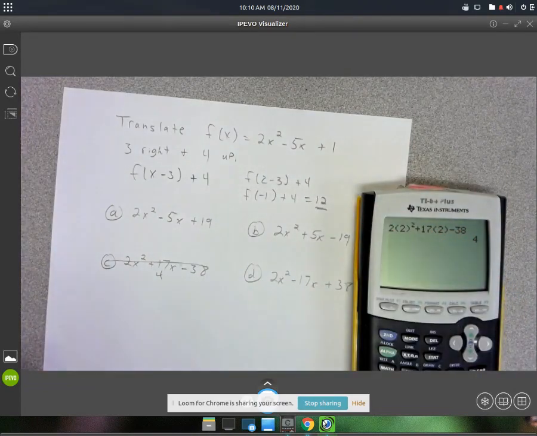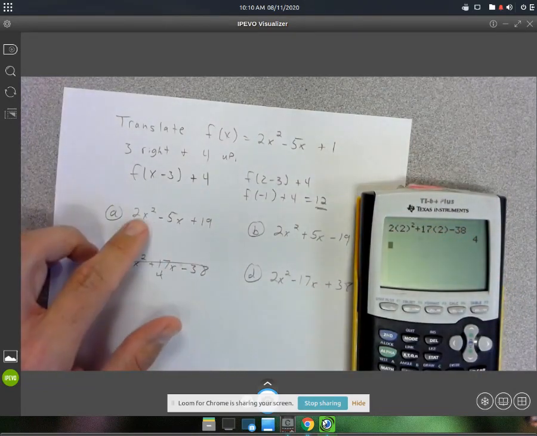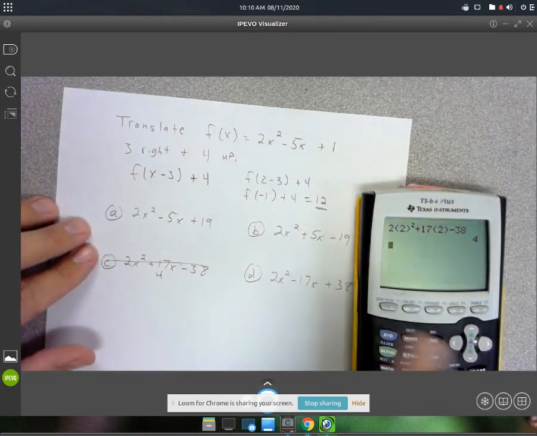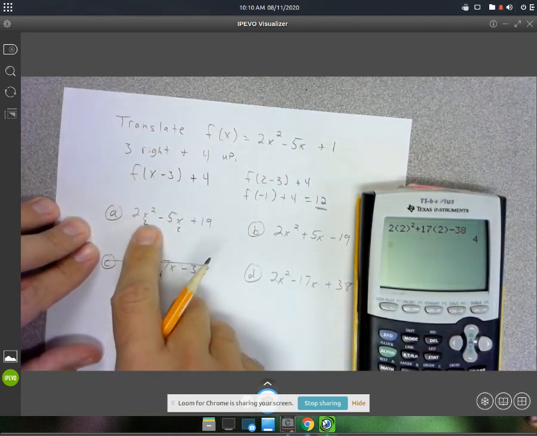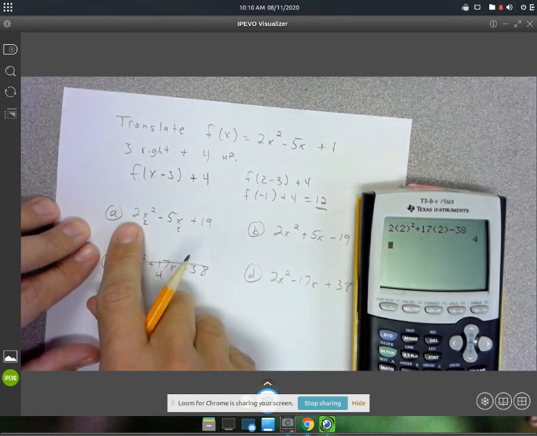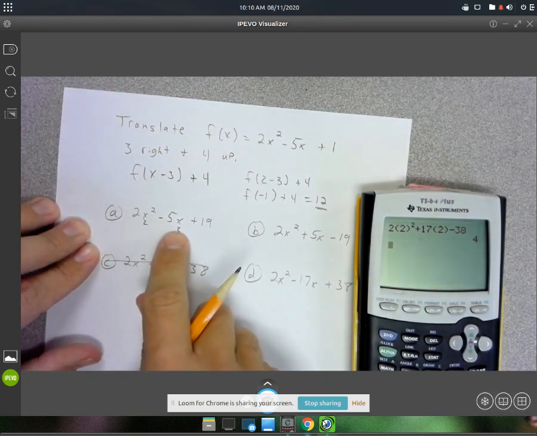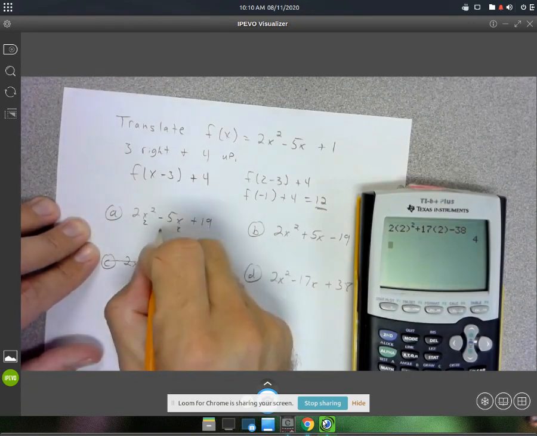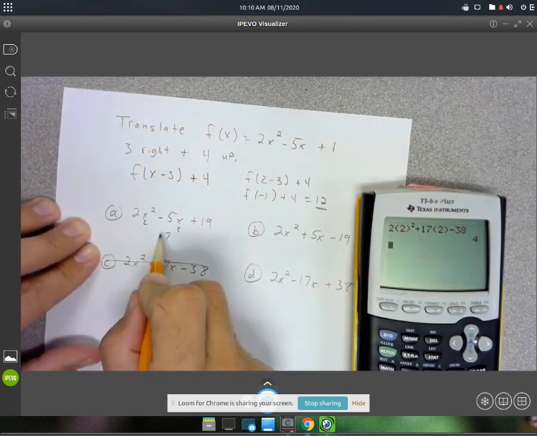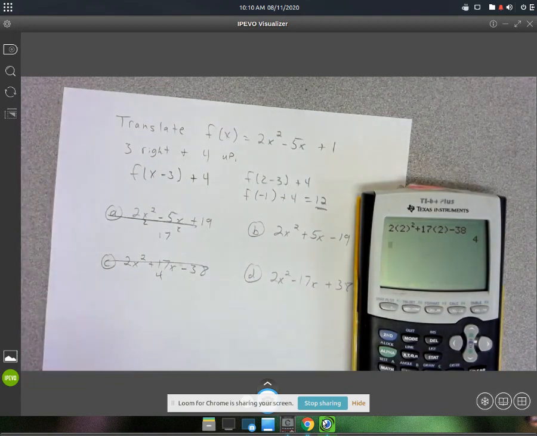Let's go with A. So we'll plug in 2 for x. Do it with a calculator if you want. I'm just going to plug it in real fast. 2 squared is 4. 4 times 2 is 8. 8 minus 10 is negative 2. Negative 2 plus 19 is 17. So this does not work out for us either.